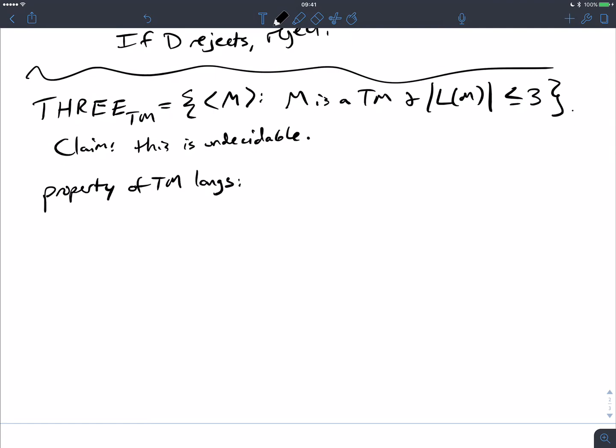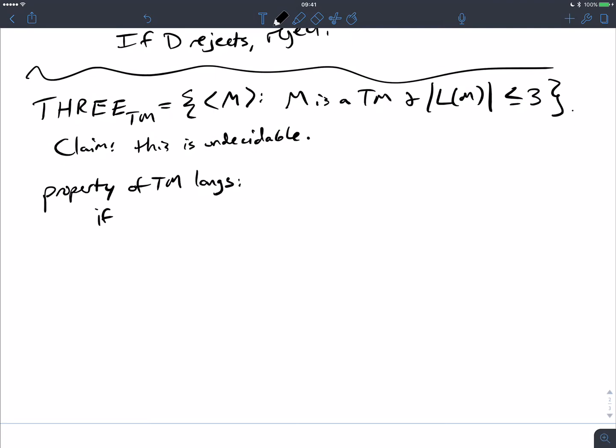So what did the property of Turing machine languages part say? If I have two arbitrary Turing machines with the same language, it can't ever be the case that one of them has the property and the other one does not. Okay?